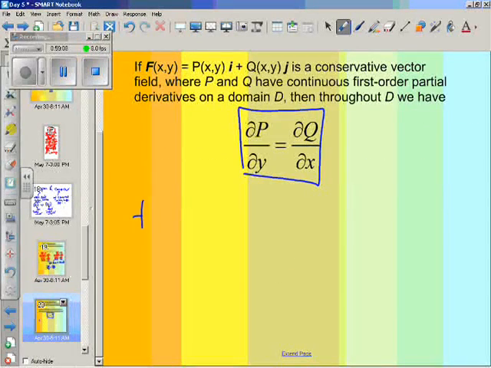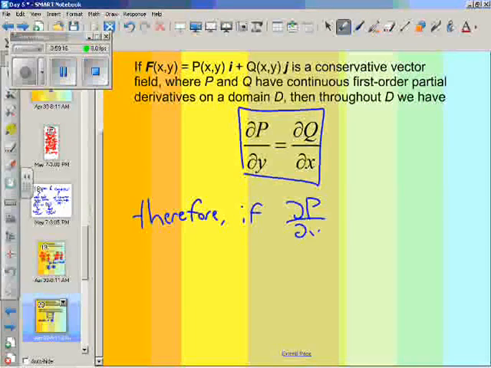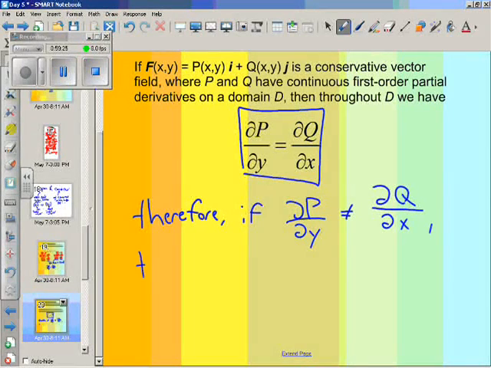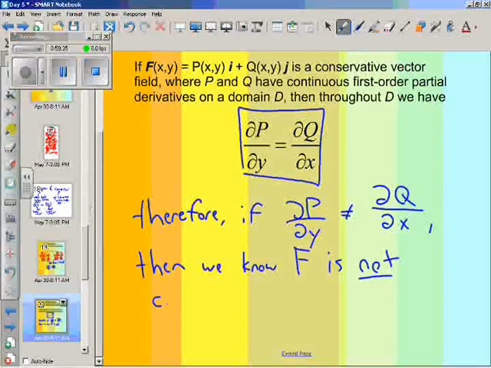And so therefore, if, on the other hand, dP/dy is not equal to dQ/dx, then we know F is not conservative.